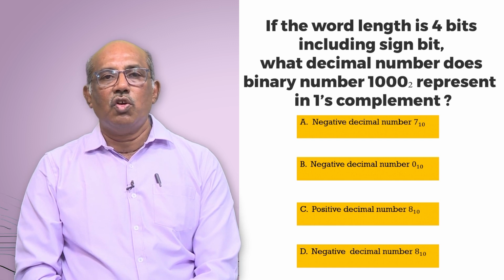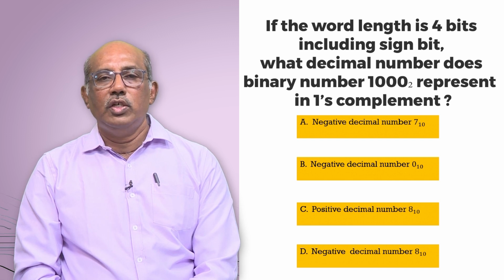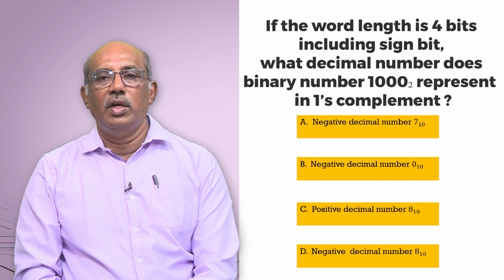In 1's complement form, we can represent numbers from minus (2 raised to n minus 1) plus 1, that is with 4 bits, minus 7, to plus 2 raised to n minus 1 minus 1, that is 2 cubed, 8, minus 1, 7. So you can represent in 1's complement using 4 bits from minus 7 to plus 7.